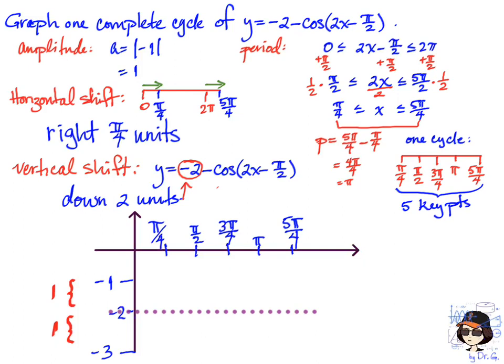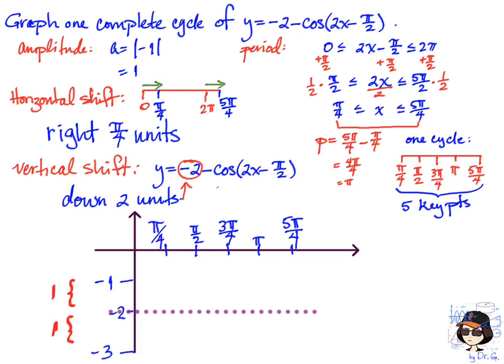All right, and now we're going to start plotting points, but we don't really have to plug anything in. So we know that we're going to start at x equals pi over 4. Now because it's a cosine, the y-coordinate is either going to be the highest point, -1, or the lowest point, -3. Well, how do I know whether I'm starting at the highest point or the lowest point?